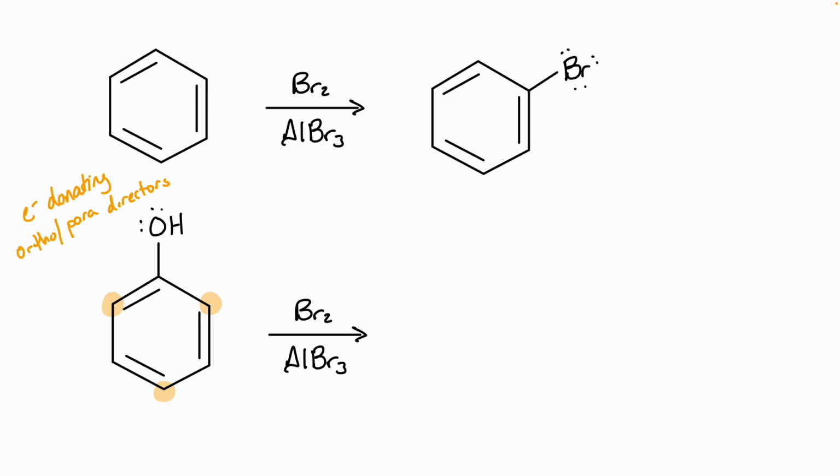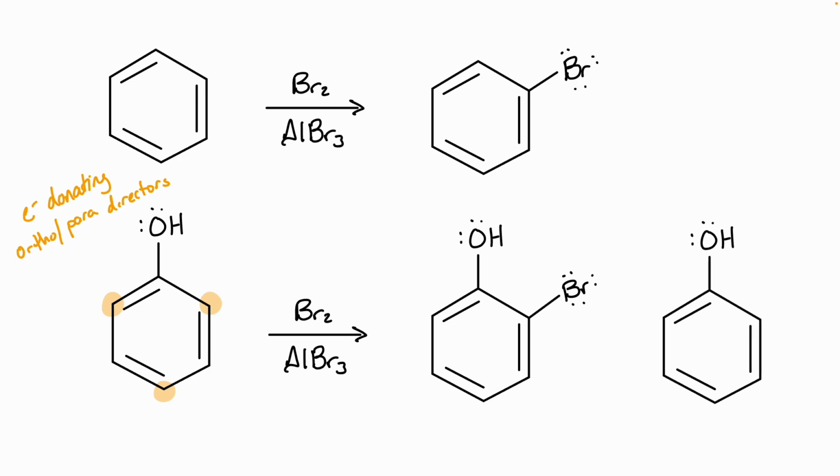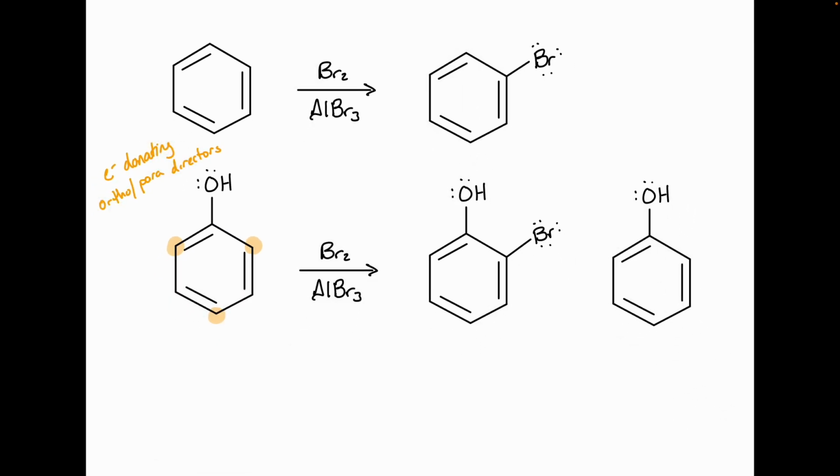So I'm not going to get a mixture of all three possible products. I'm only going to have two. One where the bromine is in that ortho position, and one where the bromine is in that para position. Okay, since we have an ortho para director on that ring, we're going to have a mixture of the ortho and the para products.